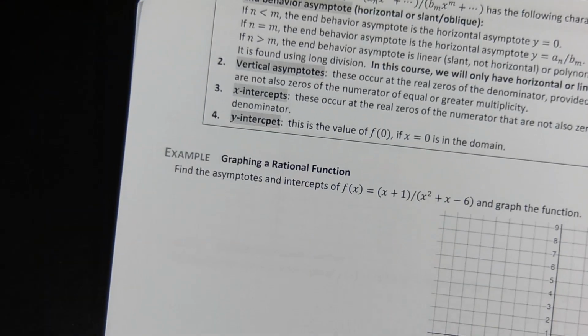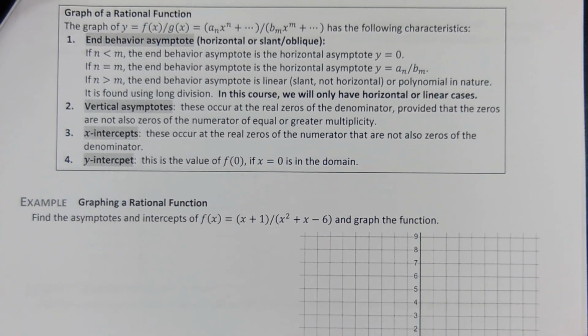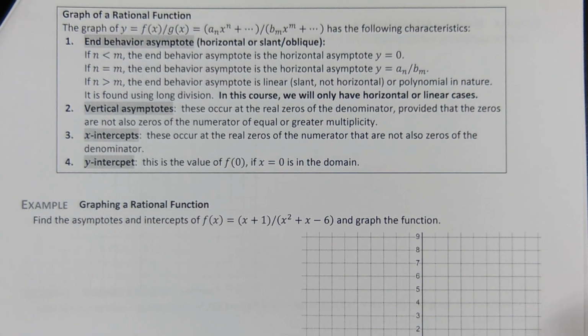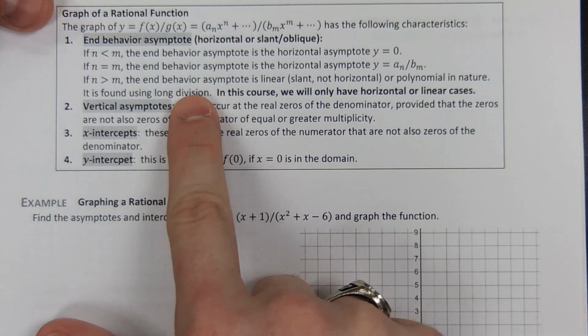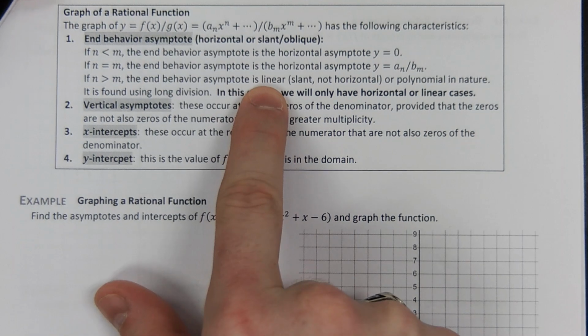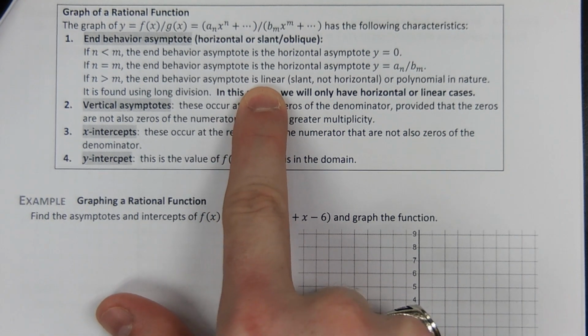The one that is new for us today, though, is what if the degree of the numerator is larger than the degree of the denominator? We will only, in this course, allow the numerator to be 1 larger than the denominator. And if it is 1 larger than the denominator, then your in-behavior asymptote is actually a linear equation, y equals mx plus b.